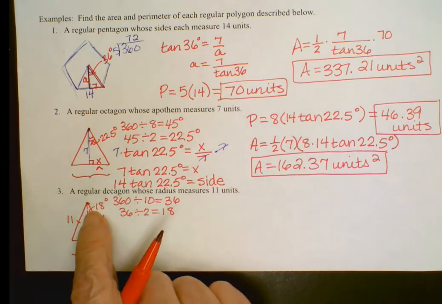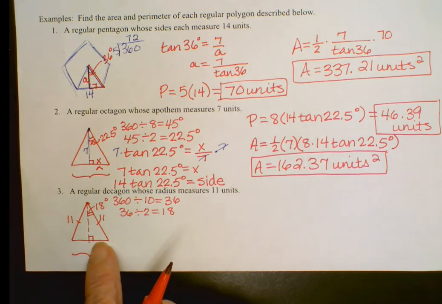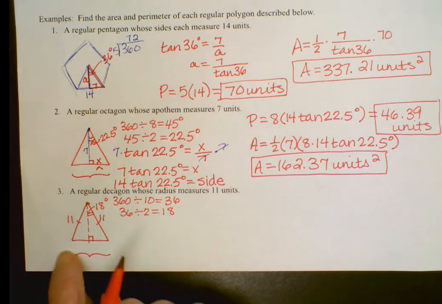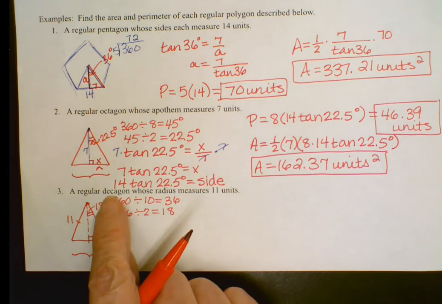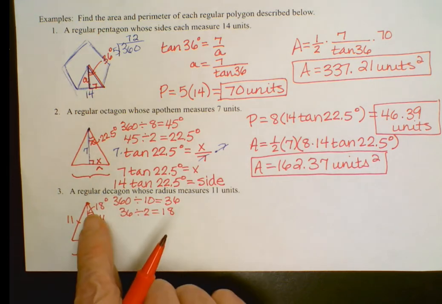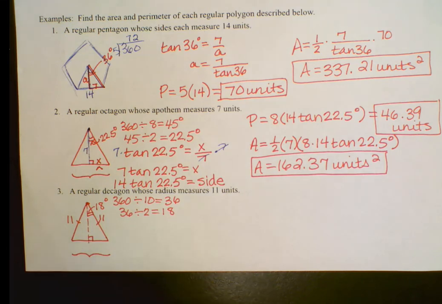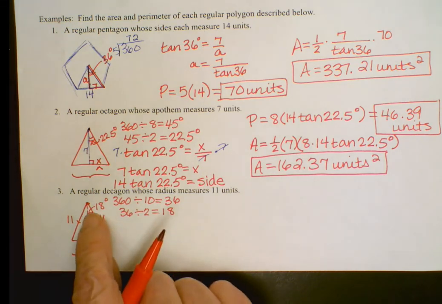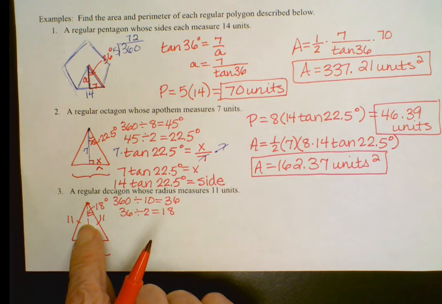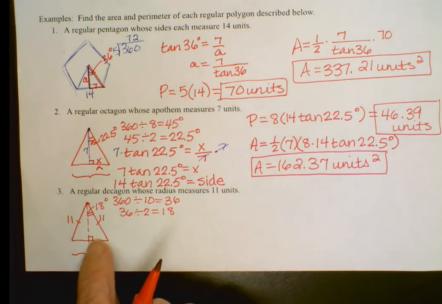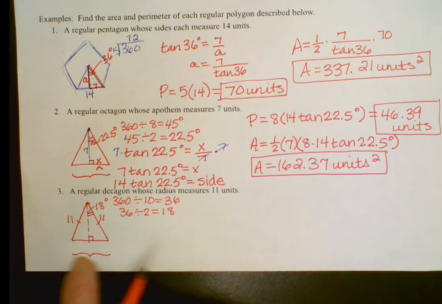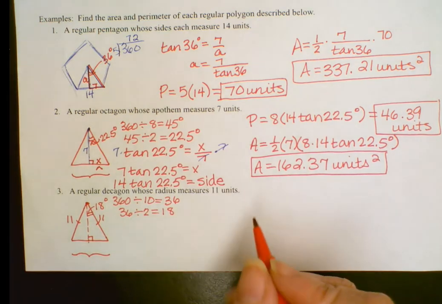At the same time, I need to know the length of this opposite side in order to find the length of the entire side of the triangle, which is the side of the decagon. That is the opposite side and the hypotenuse. Notice that's two different trig functions. We need the cosine function to help us find the apothem, and we need the sine function to help us find the edge of this short segment here, which in turn will give us the length of the side.